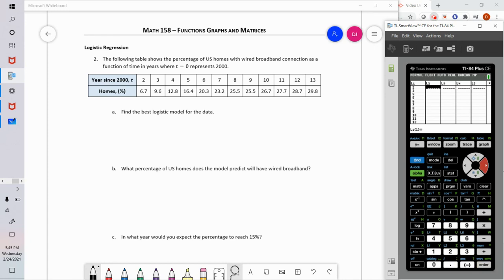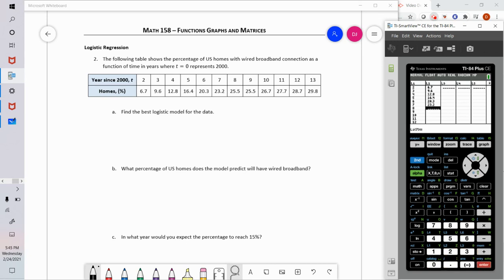13. My y values are 6.7, my fat fingers there, 9.6, 12.8, 16.4, 20.3, 23.2.